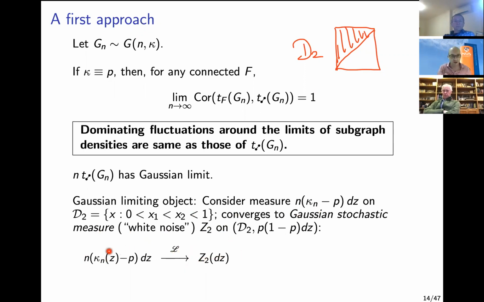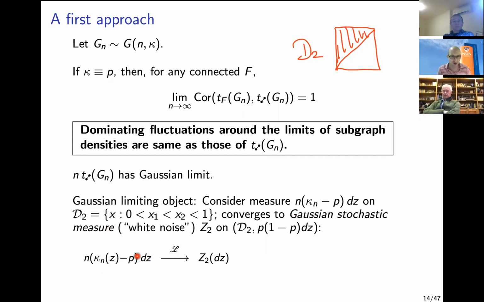Now, I put white noise in quotation marks because the term white noise has a very specific meaning, for example, in Hida calculus, where it's a generalized function. I want to avoid that and use the appropriate term, Gaussian stochastic measure.